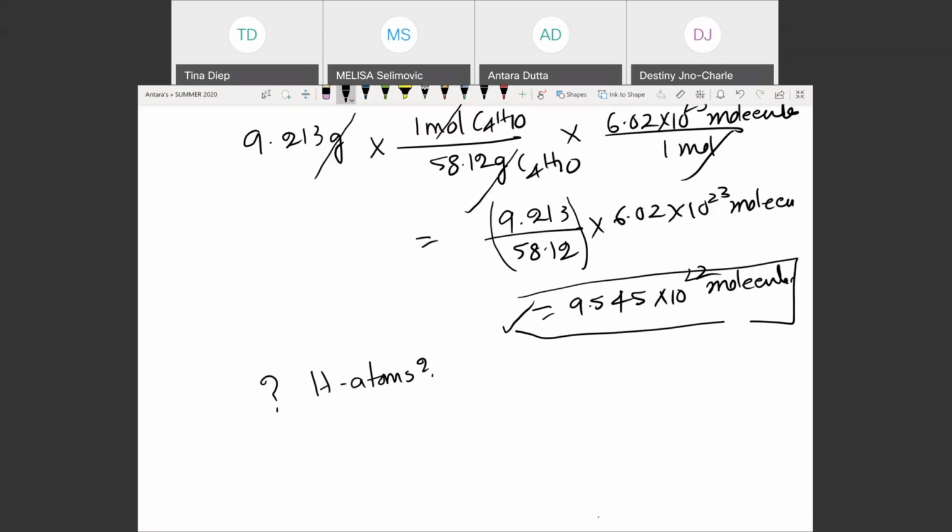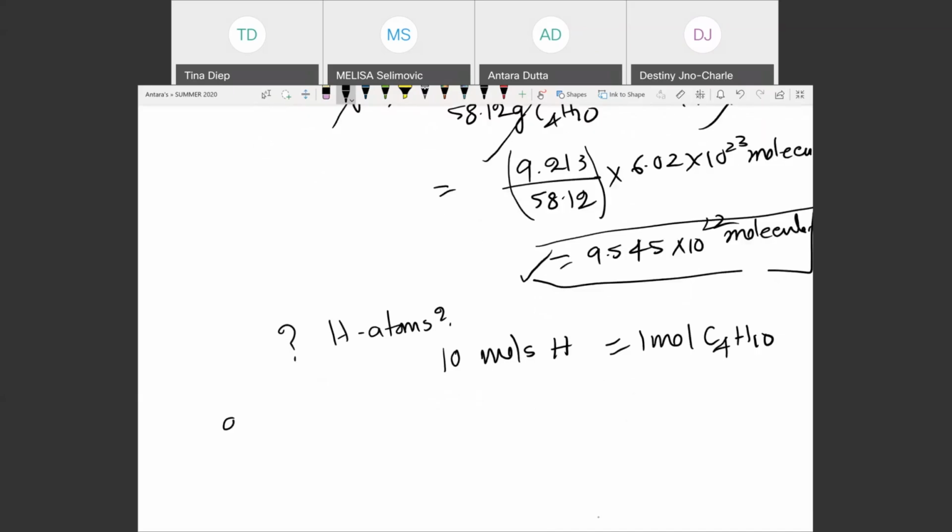From the formula, 10 moles of hydrogen is equal to 1 mole of C4H10, because the formula is C4H10. So there must be 10 moles of hydrogen in 1 mole of C4H10, and that's the relationship we are going to apply here.